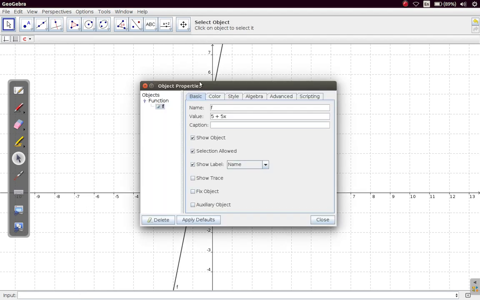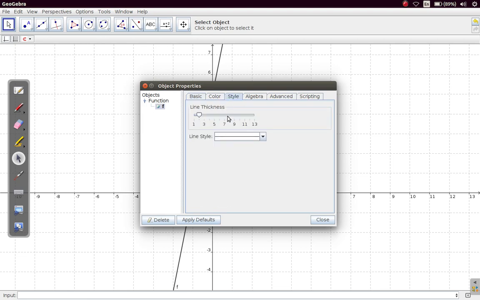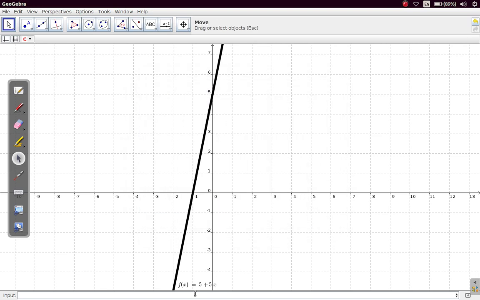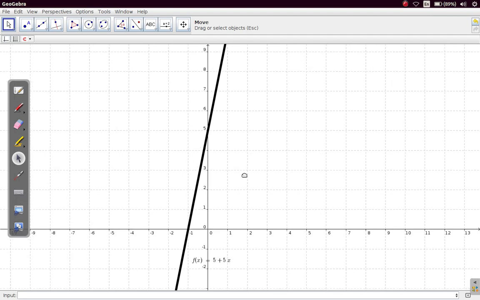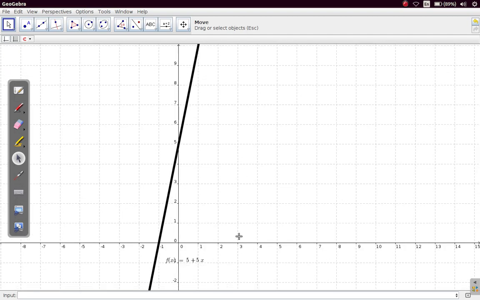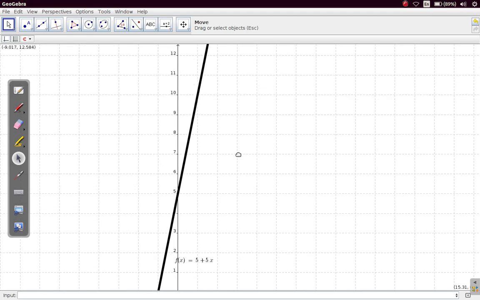Let's make our line thicker than it is right now. And I like to see the equation on the line. Alright, now this is 5 plus 5x. We did the calculation for 3 and also for 4. So let's look at this. 3 and 4. This line is 3 and the next line is 4.